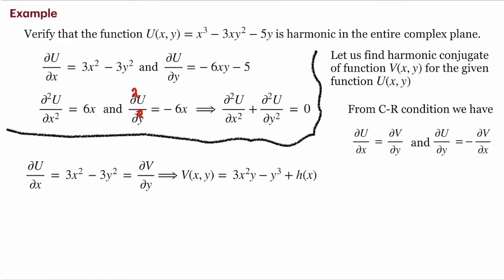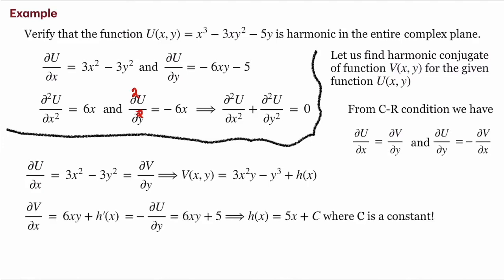Because it's a partial differential equation, there is an uncertainty about the solution as a function h of x, which we can pin down based on the second Cauchy-Riemann condition. That is, dv by dx, which is 6xy plus h prime of x, must be equal to minus du by dy, which is 6xy plus 5.